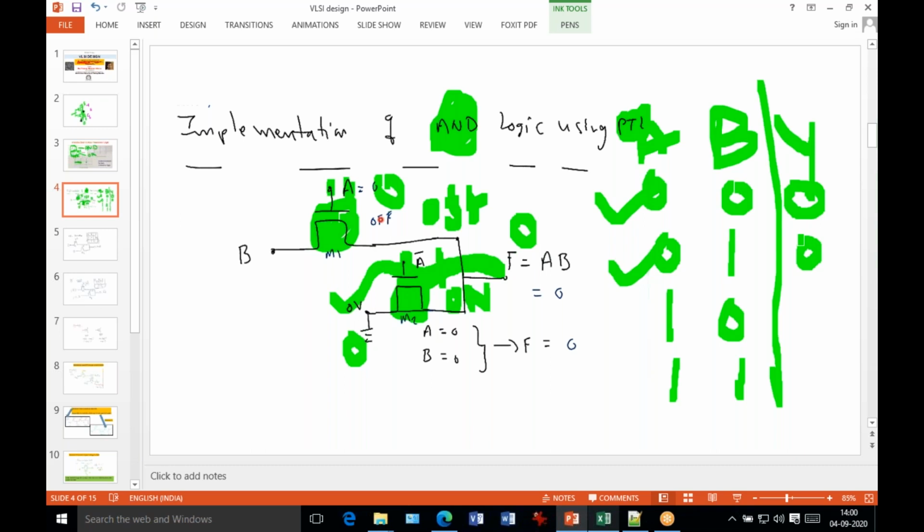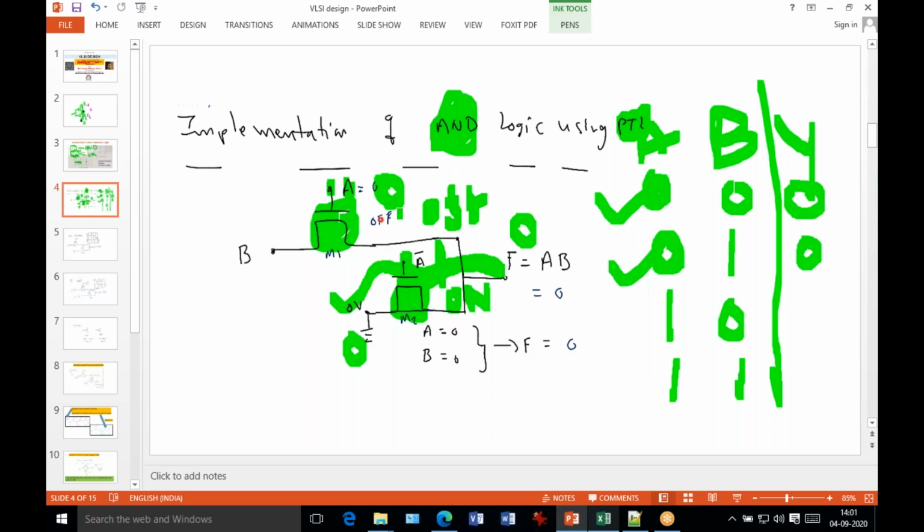Okay, again I repeat this one. This is a very, very important concept. Suppose your A input is 0, first you understand these two cases. This A is 0 only. Now you do not think about B node. B may be anything, maybe 0 or maybe 1. You just concentrate on our A input. If my A input is 0, this is 0, so automatically this is 1 because this is A bar, the inverted logic.